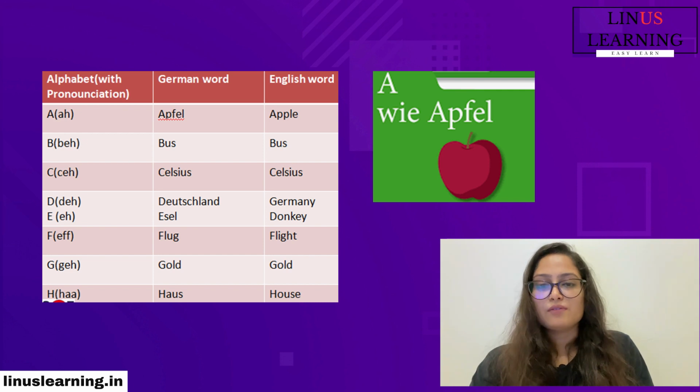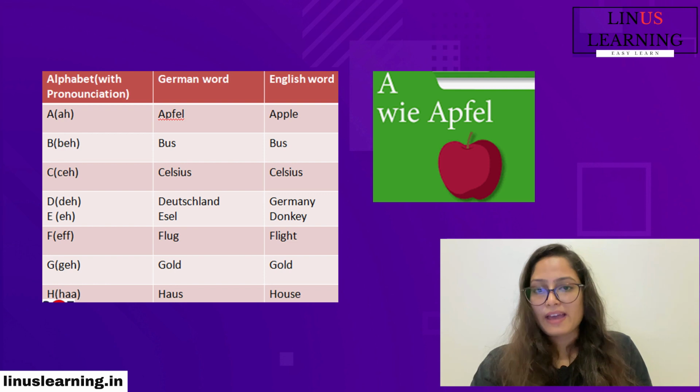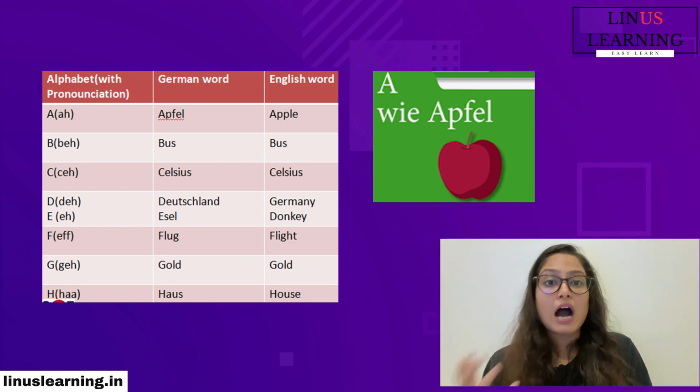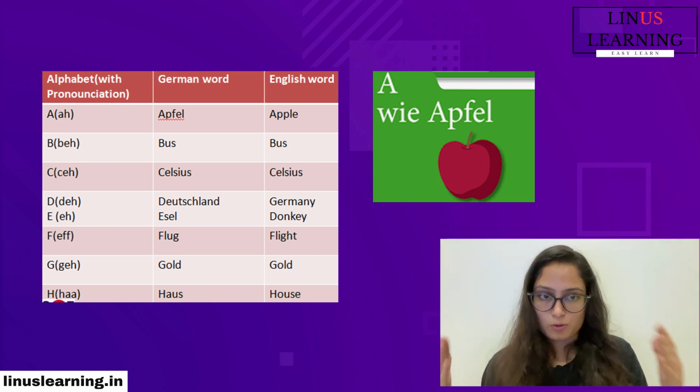E wie Esel. Esel means a donkey. F wie Flug. Flug means a flight, the flight that we take when we travel. G wie Gold, the metal gold. Then H wie Haus. Haus means the house that we live in.